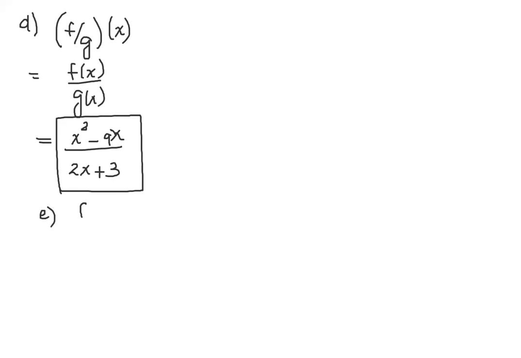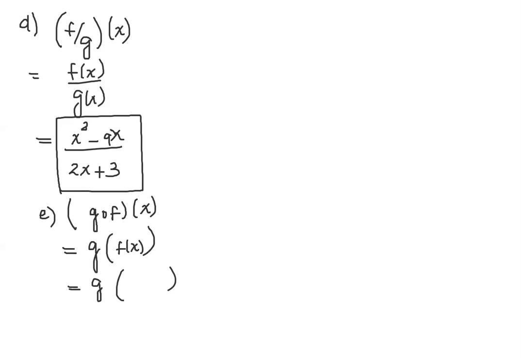Next, we're going to do g composition f of x, which by definition is going to be g of f of x. That means g, what is f of x? We are given x squared minus 9x. So we're going to plug this into g.